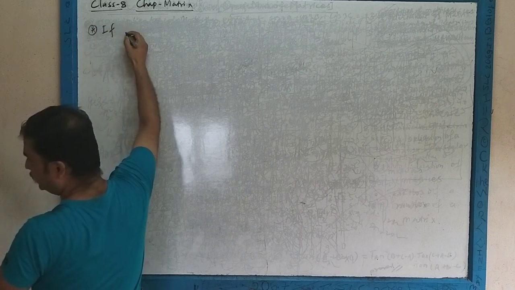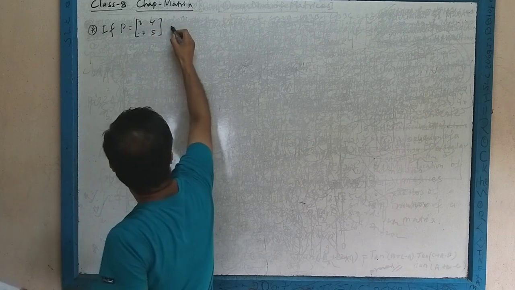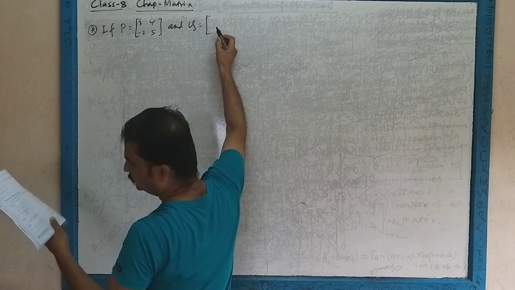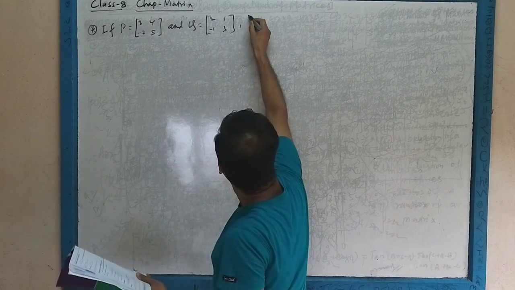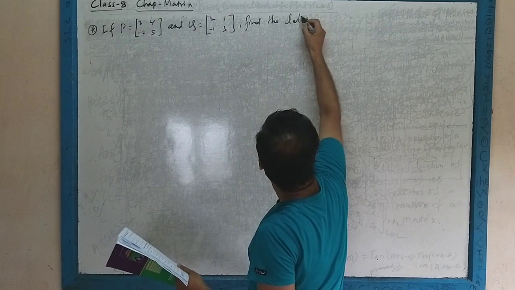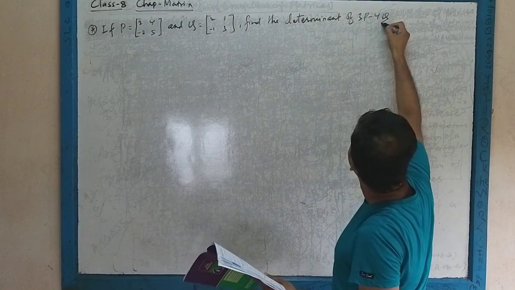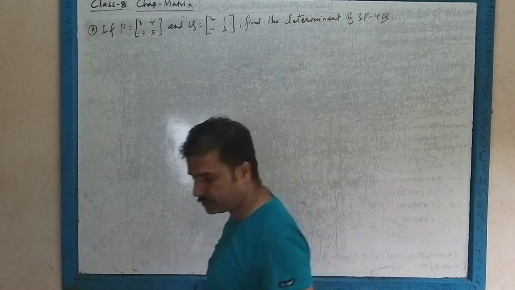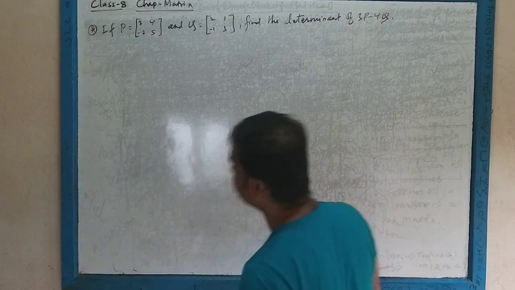The question is like this: if P is equal to [3, 4; -2, 5] and Q is equal to [2, 1; -1, 3], find the determinant of 3P minus 4Q. Yes, this is your question.